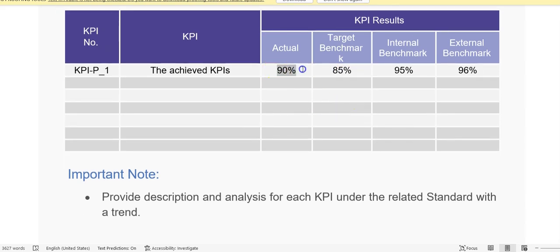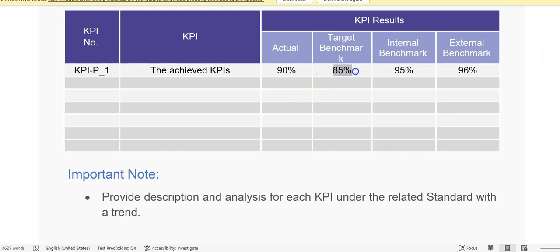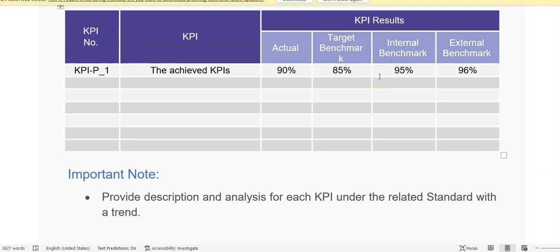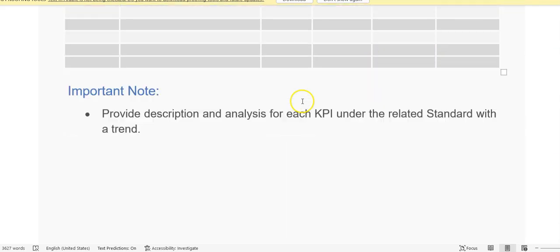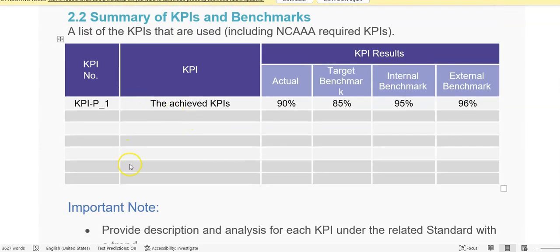This is the actual in this current year. This is the target that you specified from the previous year, and this is the internal benchmark, and this is the external benchmark. Okay. As I said before, write all KPIs here, 17 plus 2 for community service or any KPIs you need. Maybe you can choose a separate 4 or 5 KPIs from the college operational plan that is related to the university strategic plan.